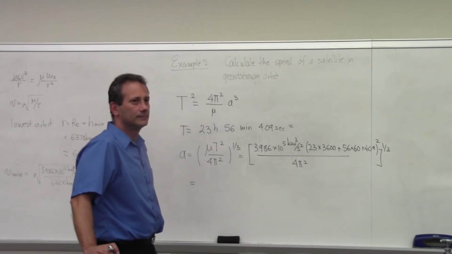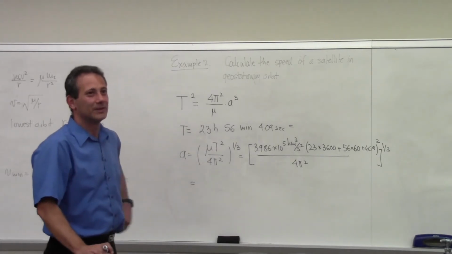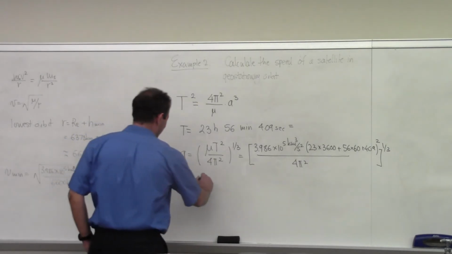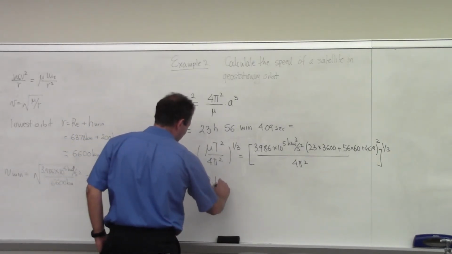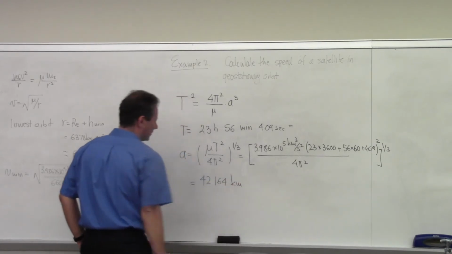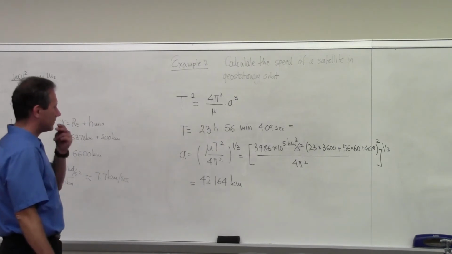Sir, it's going to be around 40,000? Yeah, 42,000. But what is it exactly? 42,164 kilometers. So that's the a.